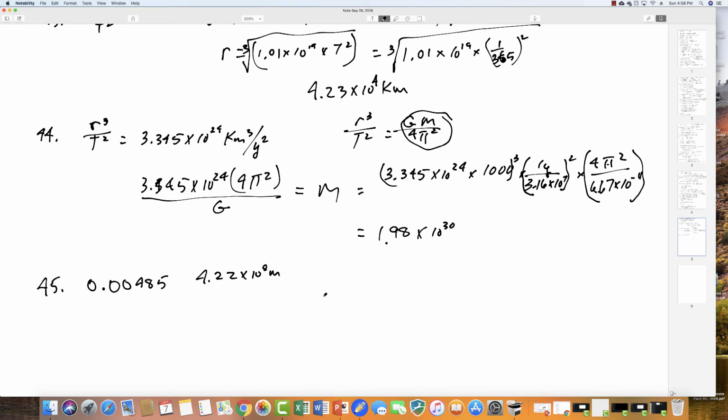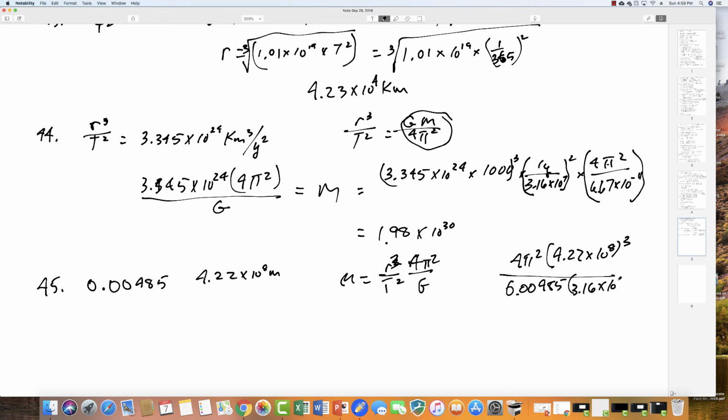And so you have m is equal to 4 pi squared times r cubed over t squared, divided by G. And if you put the numbers in, you get 4 pi squared times 4.22 times 10 to the 8th cubed over 0.00485 times 3.16 times 10 to the 7th.